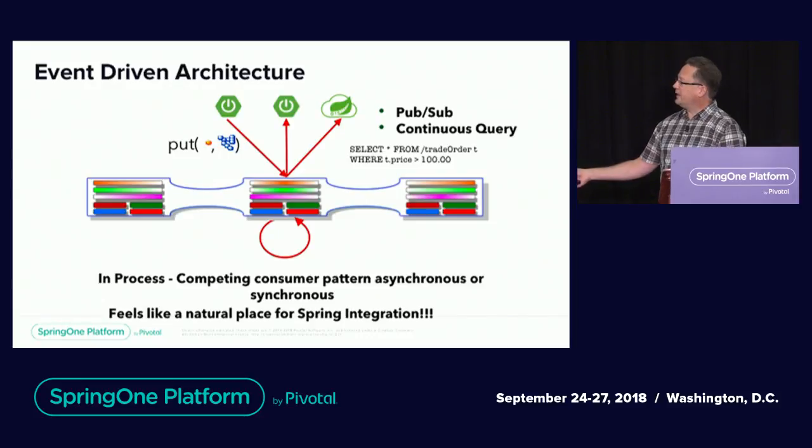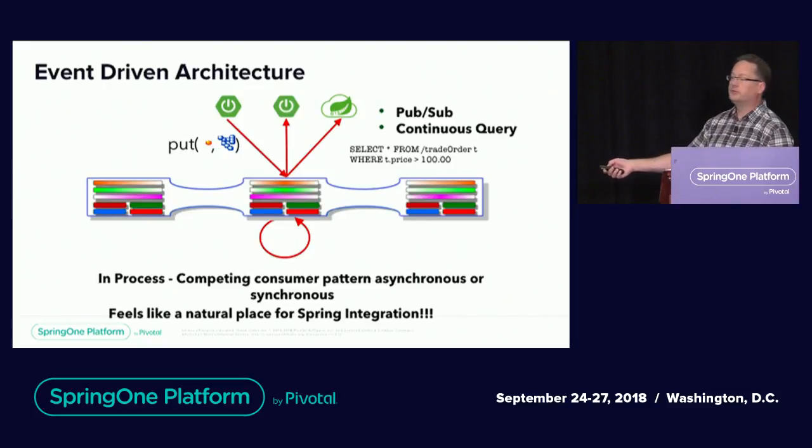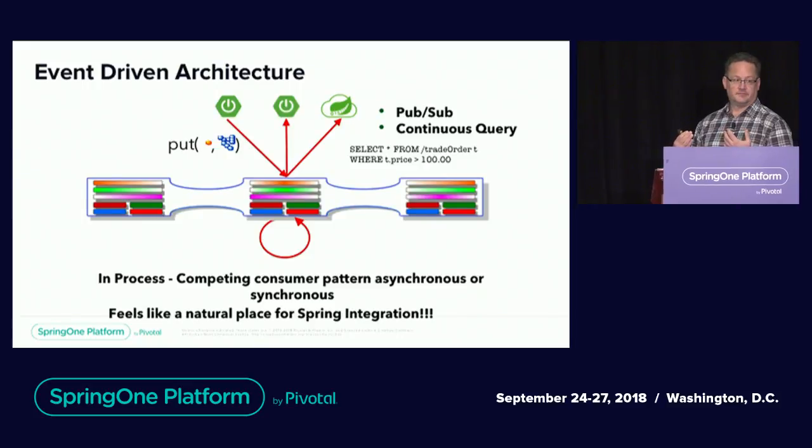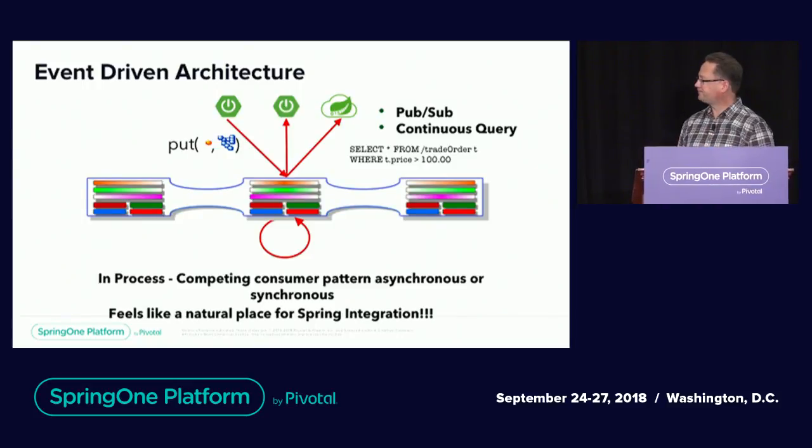I can set up what they call a continuous query, with a Spring Cloud Data Flow source receiving events. I have some other Spring Boot app doing changes, doing puts, and I can have Spring Cloud Data Flow, or maybe even just some Spring Boot with Spring Integration, sitting there receiving events off of Apache Geode.